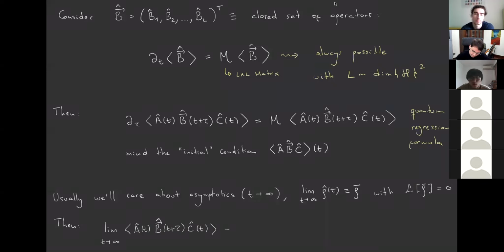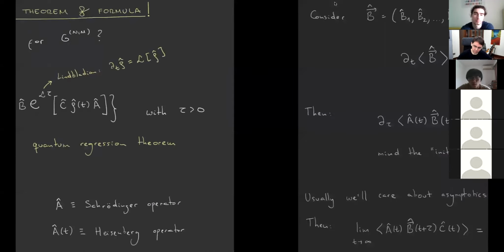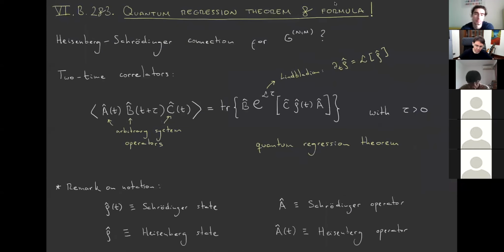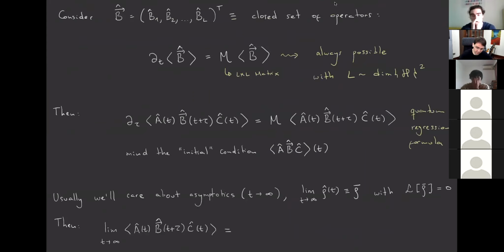And then in this case, just if you go to the quantum regression theorem, you see that if you take the limit of time going to infinity, in the Schrodinger picture, time appears only in the state. So then what you get is this formula, but with this state, instead of depending on time, being the steady state itself.